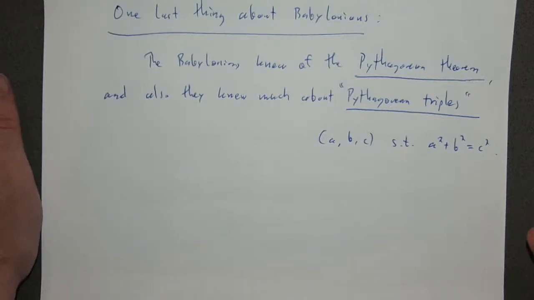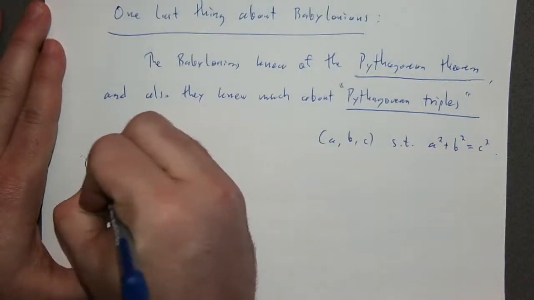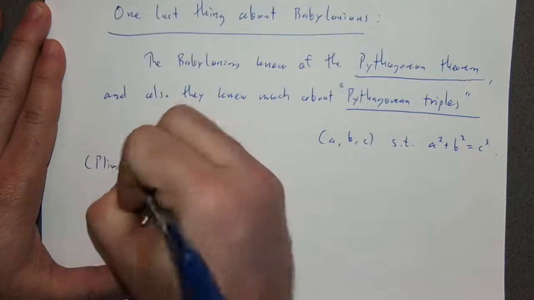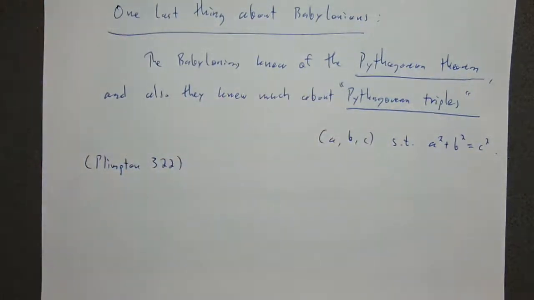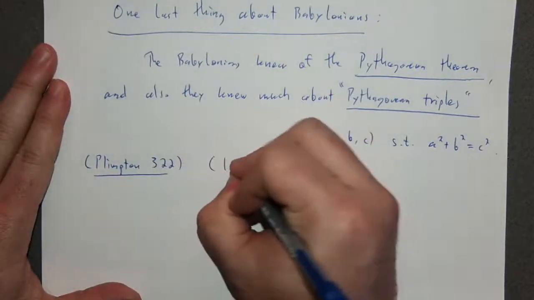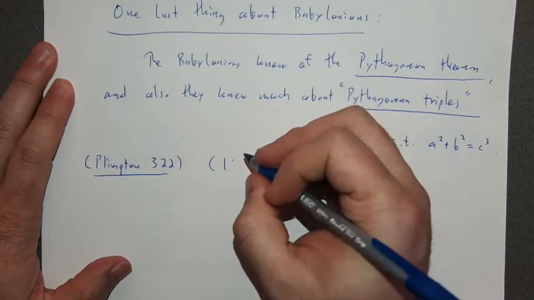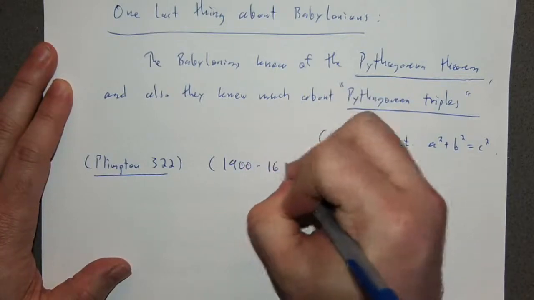So what did they know about Pythagorean triples? There's a tablet called Plimpton 322. Let me check. Yes, that's right. Plimpton 322. This is from 1900 to 1600 BC.